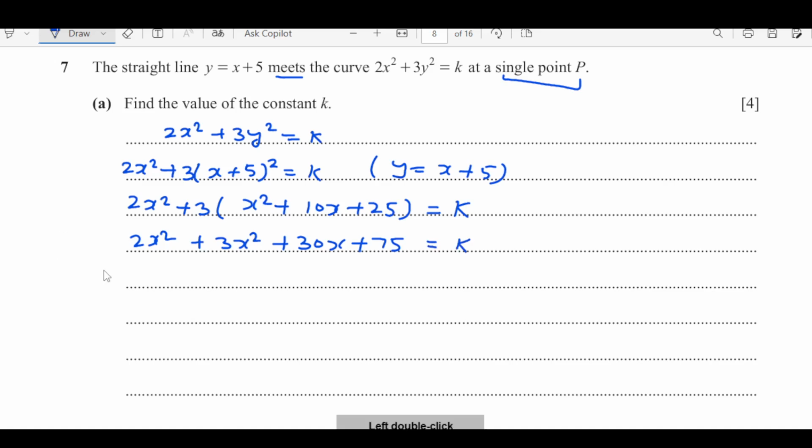Now just rearrange: 3 plus 2 is 5x squared plus 30x plus 75 minus k. This is going to be the constant value.